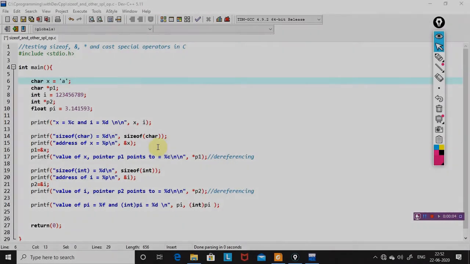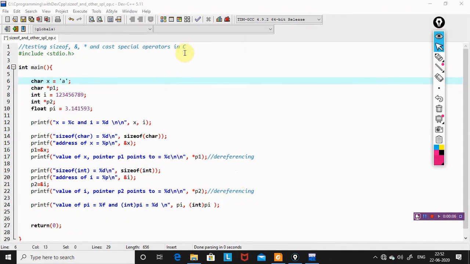Finally, we'll talk of a few special operators in C. Now these operators belong to the last category in the list of operators in the C programming language that we had presented at the very outset. Now what are the special operators that we would be discussing here? Let me write them out for you.